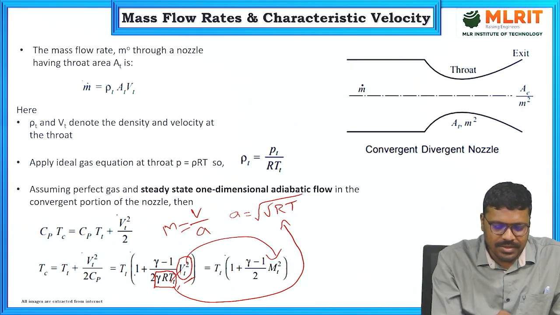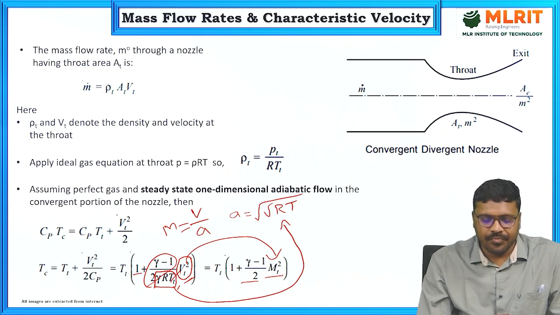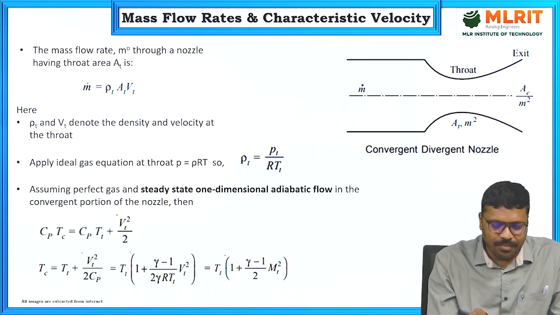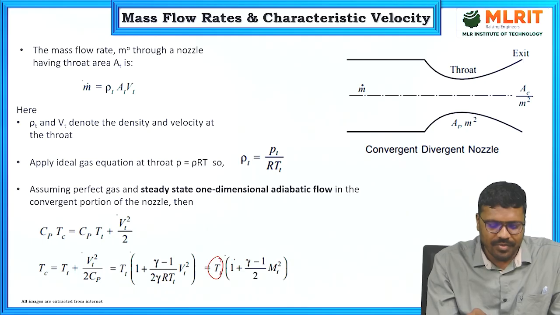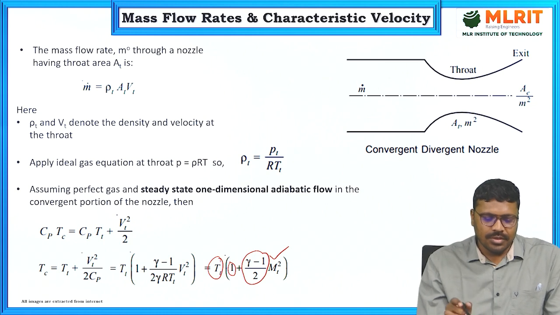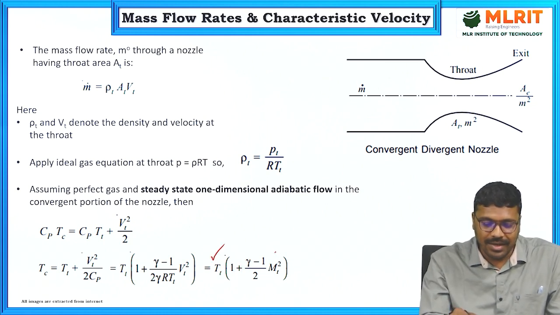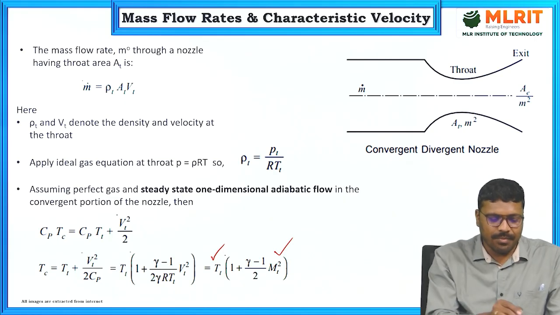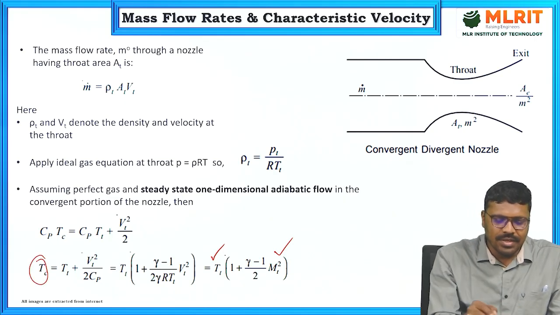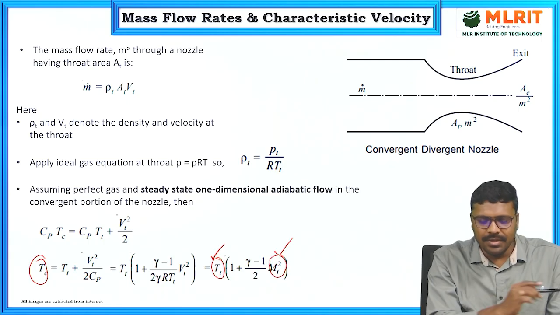So this equation will turn to Tt into 1 plus gamma minus 1 by 2 Mt square. Now this equation is in terms of temperature at the throat and Mach number at the throat. The temperature in the combustion chamber can be written in terms of the temperature at the throat Tt and Mach number at the throat.